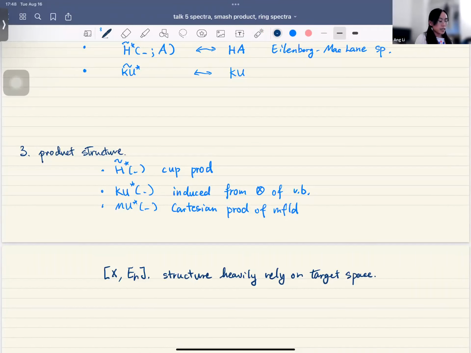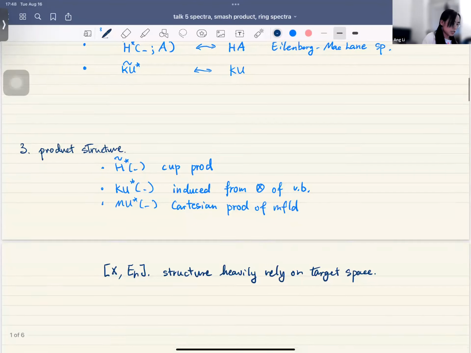So we expect the multiplication structure on the theory to transfer to the target space as well. And then in the ordinary case, we have the Künneth theorem, which basically says that in good situations, we can identify the cohomology of a product with the tensor product of cohomology.